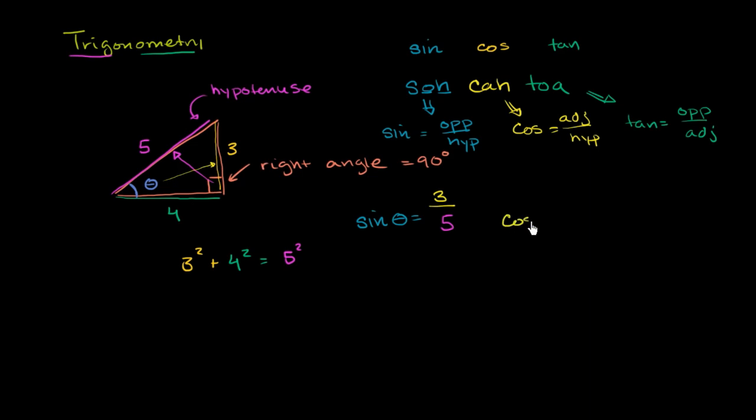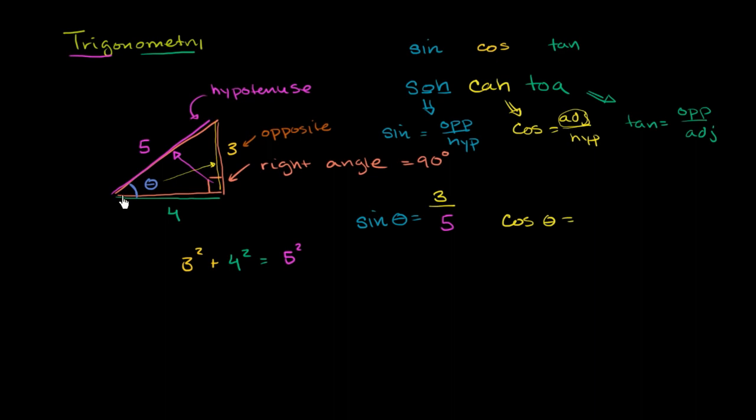Let's think about what the cosine of theta is. Cosine is adjacent over hypotenuse. So remember, let me label them. We already figured out that the 3 was the opposite side. This is the opposite side, and only when we're talking about this angle. When you talk about this angle, this 4 side is adjacent to it.